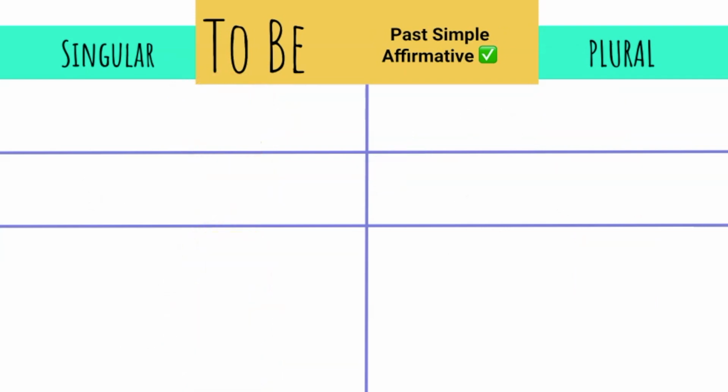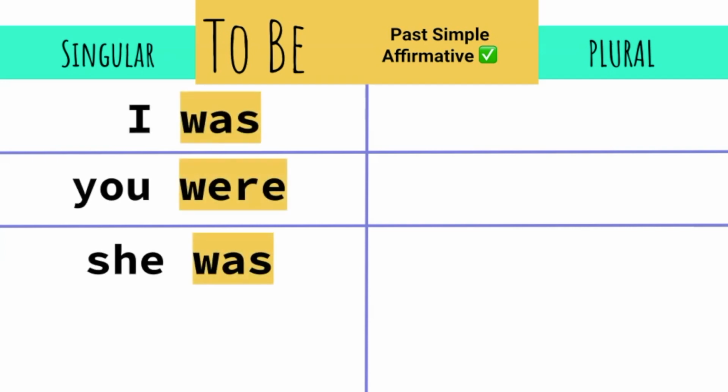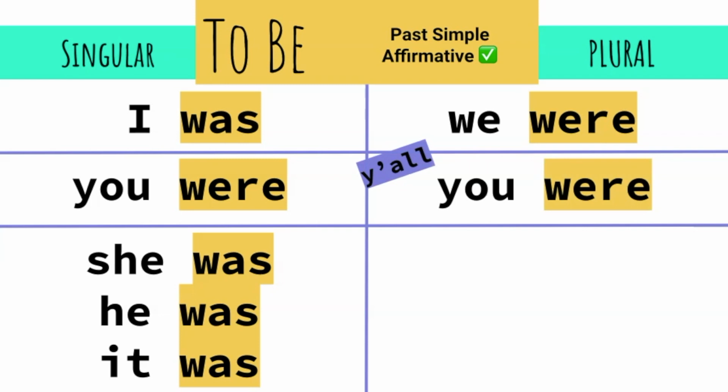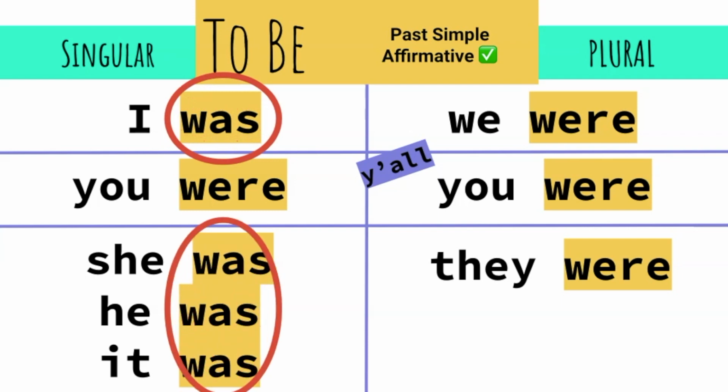Let's look at the conjugations in the past. To be, past simple affirmative. I was, you were, she was, he was, it was, we were, you were, y'all were, they were. Notice it's only the I form and the she, he, and it form that use the past word was.